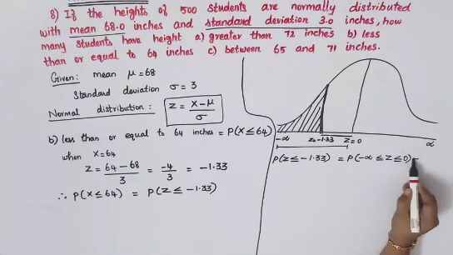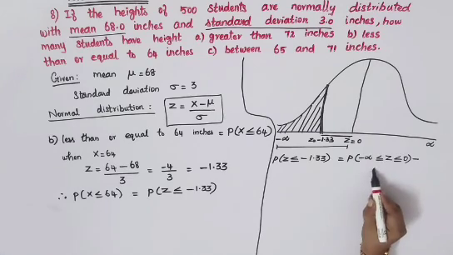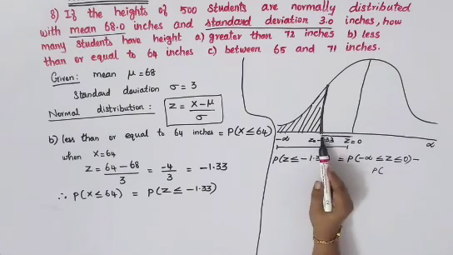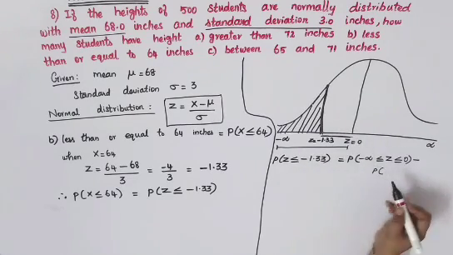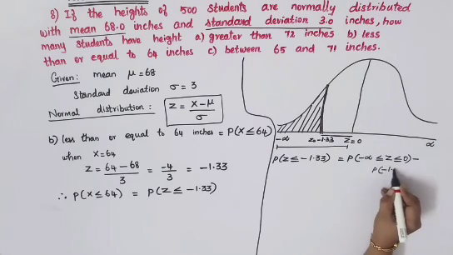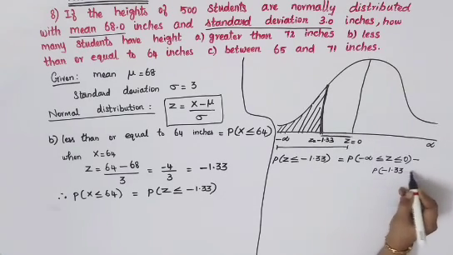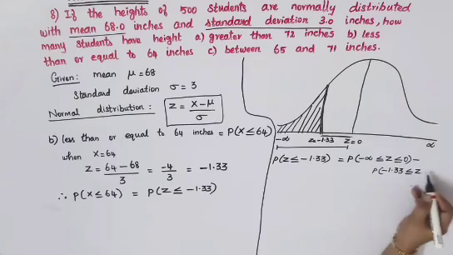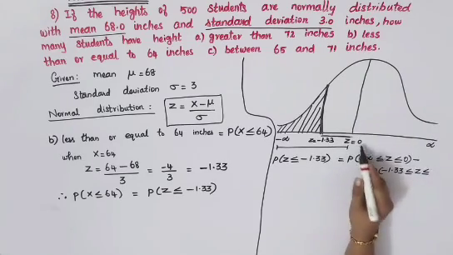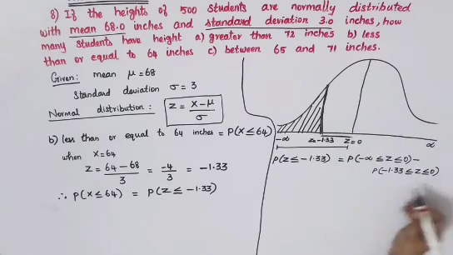So minus P of minus 1.33 less than or equal to Z less than or equal to 0.